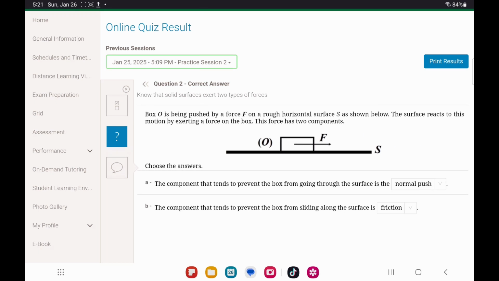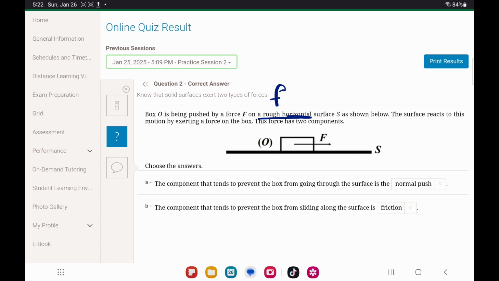Okay. They're telling you box B is being pushed on by force F on a rough horizontal surface. So rough horizontal surface is friction. The surface reacts to this motion by exerting a force on the box. The force has two components.